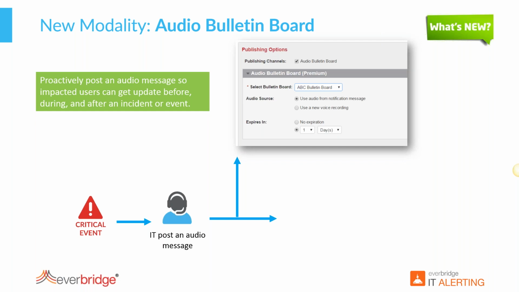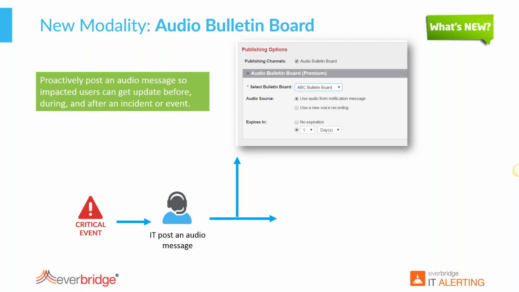So proactively, there's a new modality, I would say, that allows you to post an audio message on a bulletin board, so that people can get this information by dialing a specific number with a specific code, and therefore they will be notified of the existing issue.